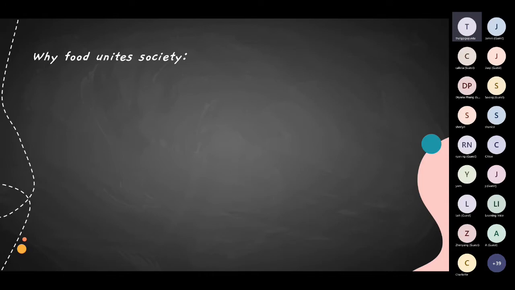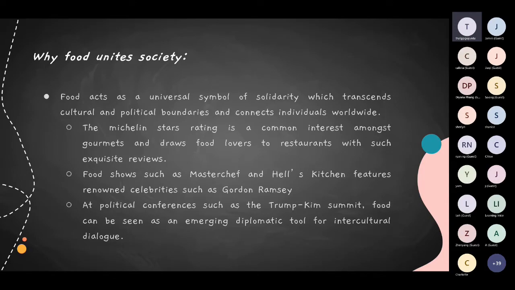So, moving on, food. Why does food unite society? One possible argument is simply because food acts as a universal symbol of solidarity. It transcends all cultural and political boundaries and connects individuals worldwide. If you take a look at the examples, the Michelin stars rating is a common interest amongst gourmets, and it draws food lovers to restaurants. This is an example of a common thing between all of us.